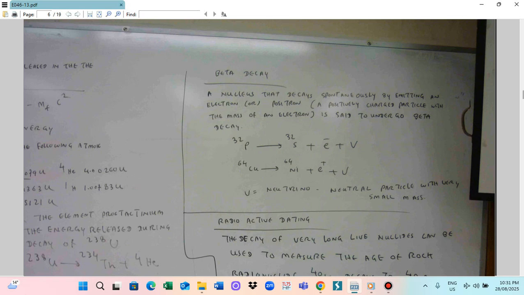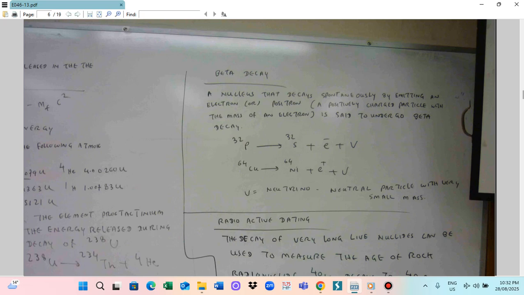Similarly, when copper 64 is decaying, it becomes nickel 64 plus an electron plus V, the neutrino. This is called the beta decaying process: once a particle decays, it produces an electron, another particle, and a neutrino.